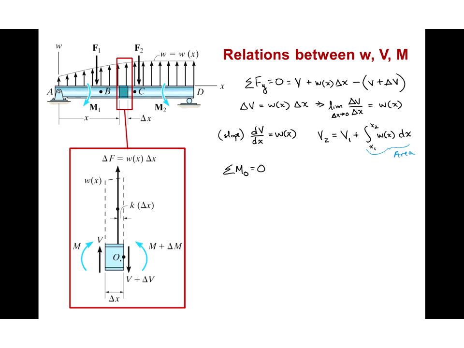And so we have the sum of the moments about point O, which will have a minus M, since that's clockwise, plus M plus delta M, and then we'll have the moment that V causes about O, which will be minus V times its perpendicular distance, delta x, and then we'll have the moment that delta F causes about O, which again will be minus, and that will be W of x delta x, times its perpendicular distance, which is k delta x, and then finally V plus delta V doesn't cause any moment about O since it passes through that point.